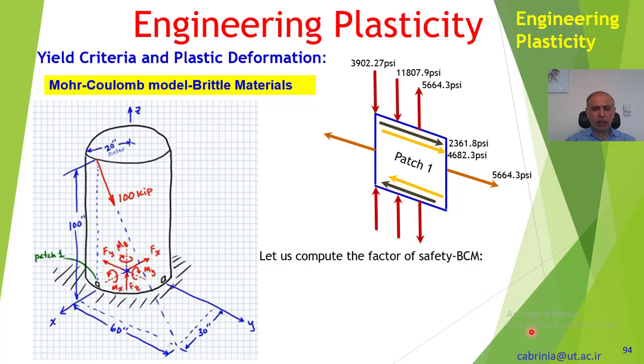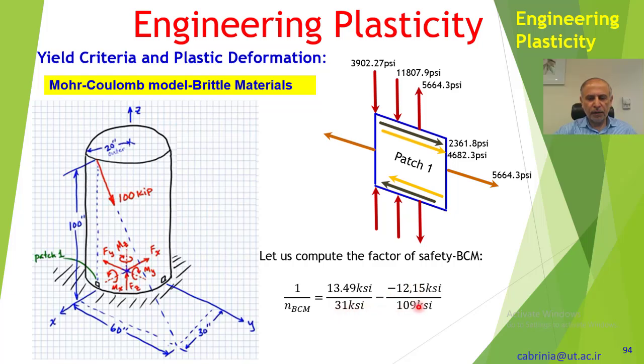These are the principal stresses on the patch, and therefore we are going to compute the factor of safety for BCM, that is the Mohr Coulomb model for brittle material. If we put this in the formula, that's the factor of safety. These are the stresses we obtain, and these are the tensile stresses for the material.